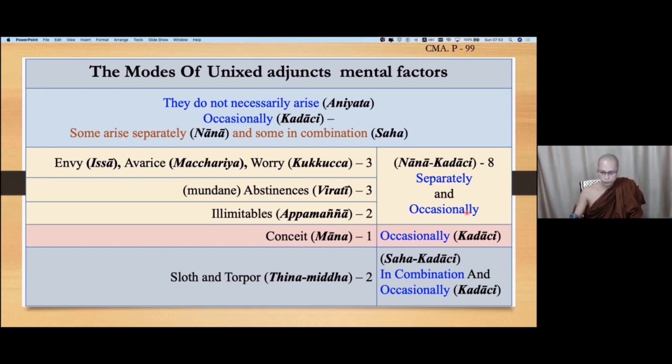We have also learned about their nature and how they arise with the respective consciousness, separately or in combination, occasionally or always. How they arise. We already studied the moods of mental factors too.